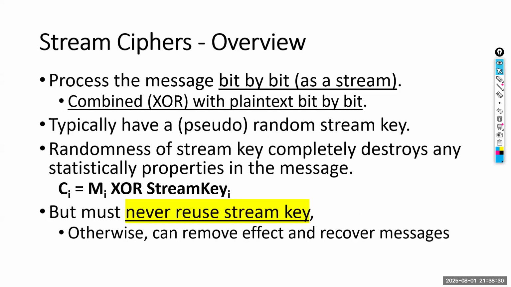Stream ciphers are very weak because we work character by character, bit by bit, combined with XOR. So therefore, you must take all the precautions and never reuse your key.